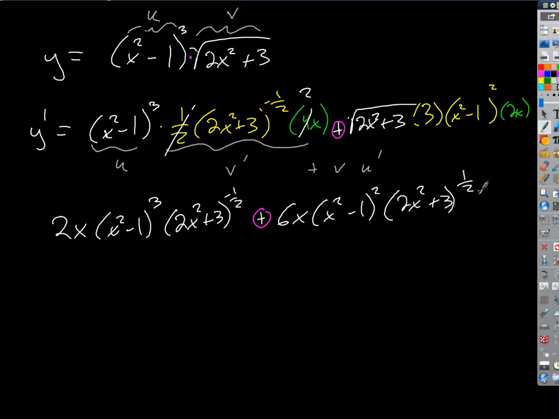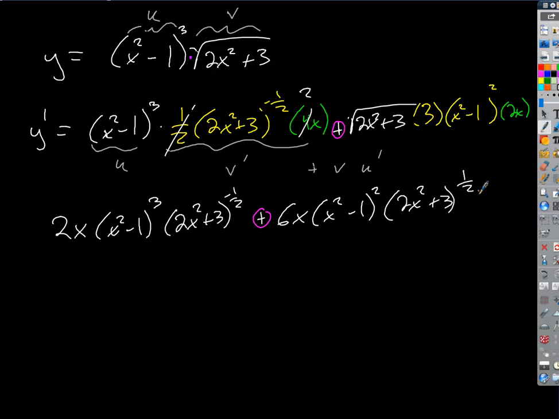Everybody agree? For the first part, could you put 2x times (x squared minus 1) to the third over this square root? You could, and that's an okay thing to do, but I didn't for a reason here, and you'll see why in just a second.